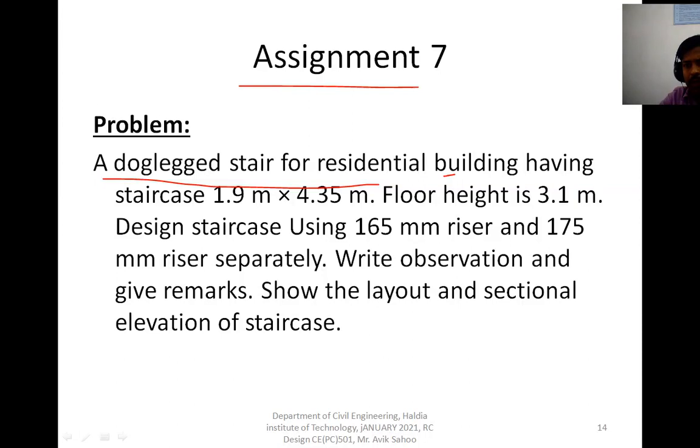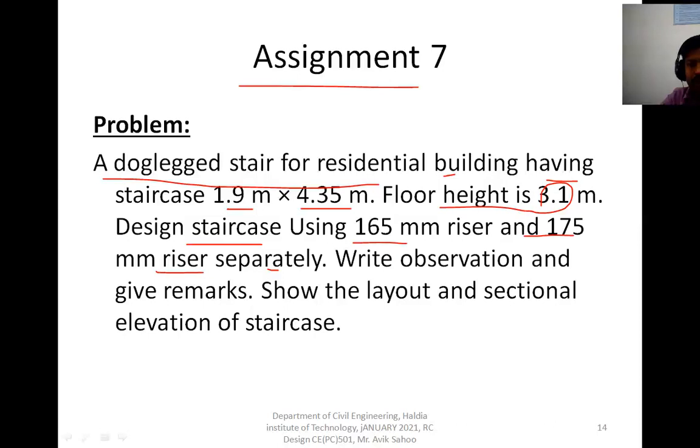This residential building has the staircase room 1.9 meter into 4.35 meter. Floor height is how much? 3.1 meter. Design the staircase using 160 mm riser and 170 mm riser separately.